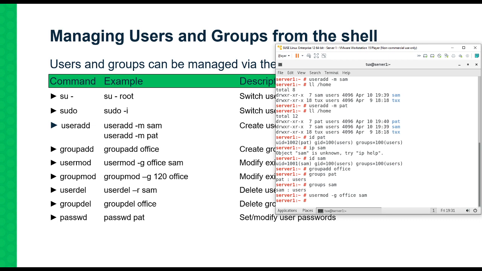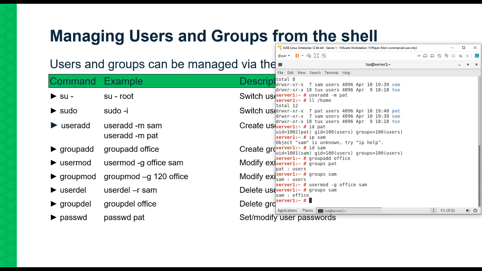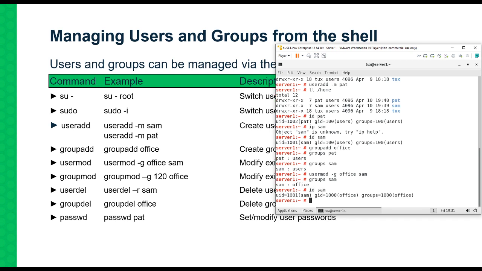Now to see what group Sam belongs to, let's do groups Sam, and now Sam belongs to the Office group. We can also do id Sam to see that the primary group has changed for Sam to the Office group at this stage.